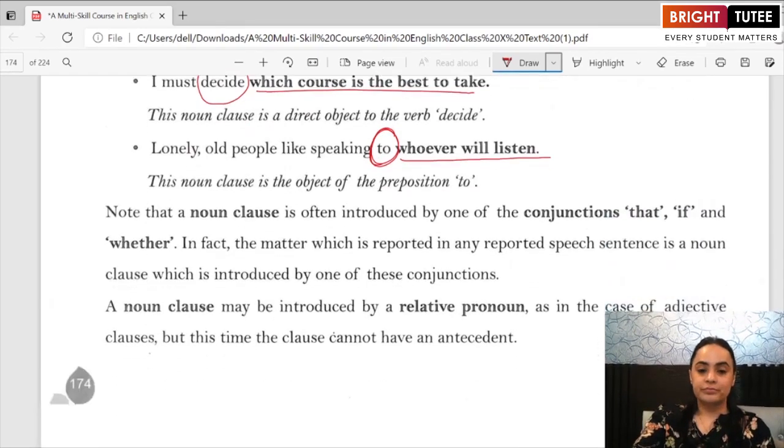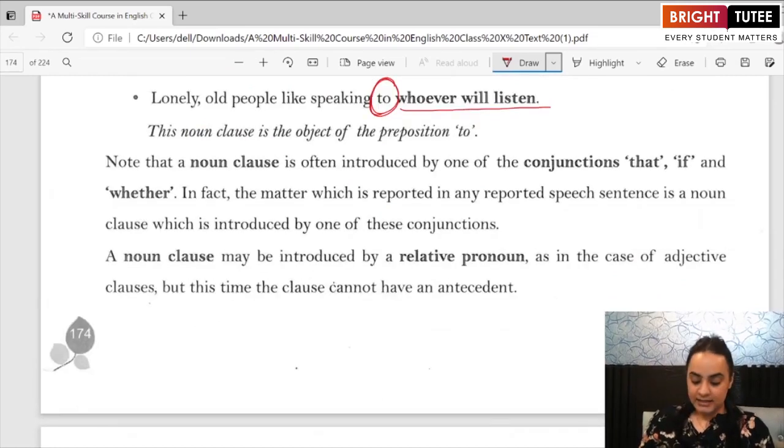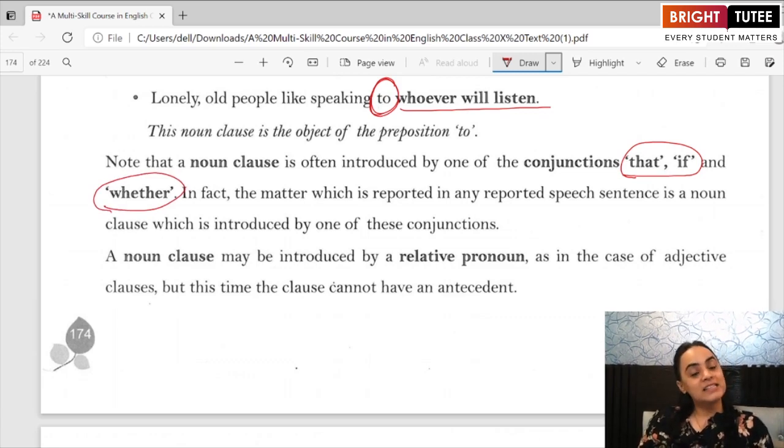Now, always note that a noun clause is often introduced by one of the conjunctions that, if, or whether. This is something that will always help you to identify a noun clause in the sentence as well as complete the sentence using an appropriate noun clause.